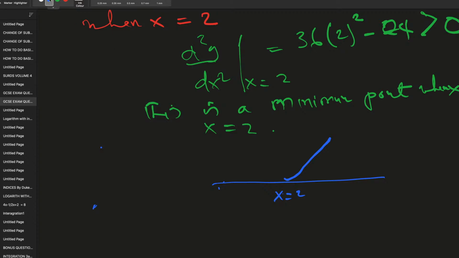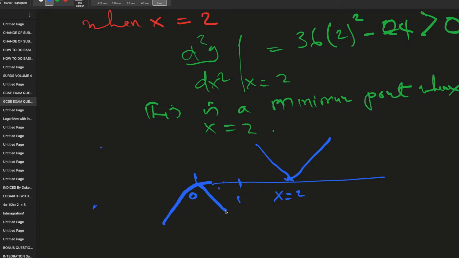When x equals 2, it is a minimum point. When x is 0, that point was the maximum point, so the curve will go this way.